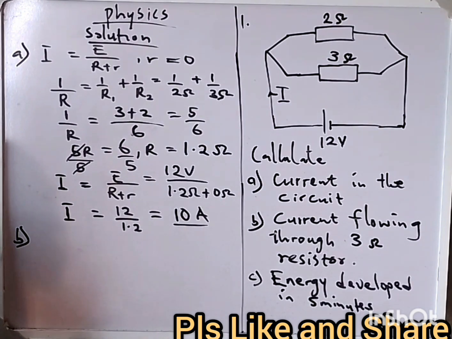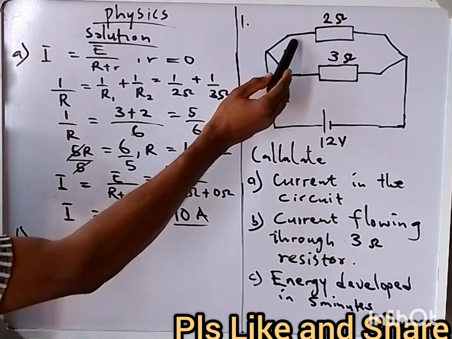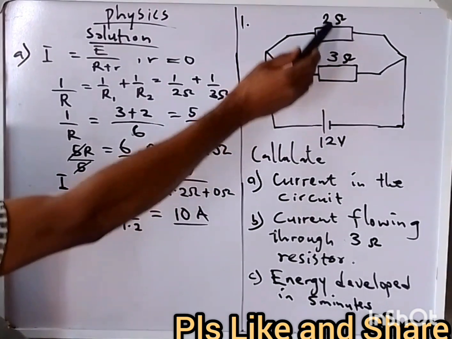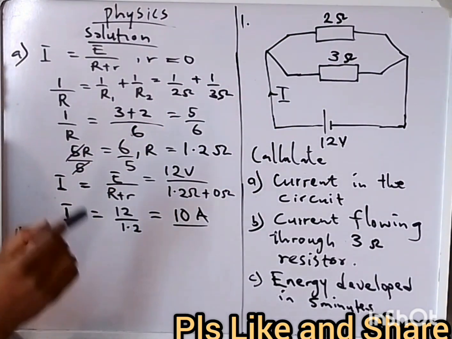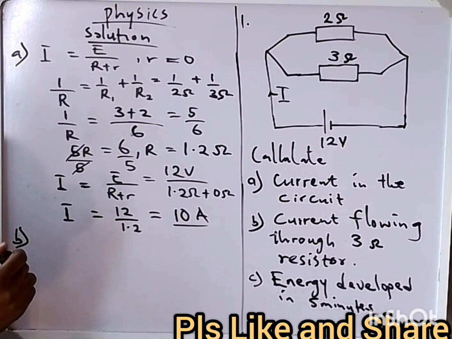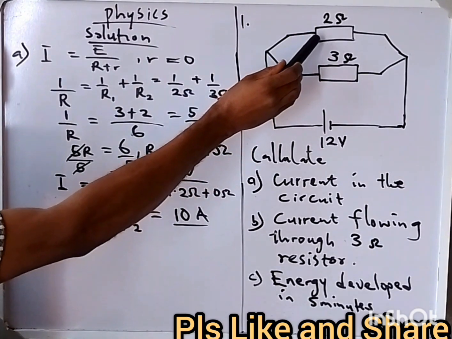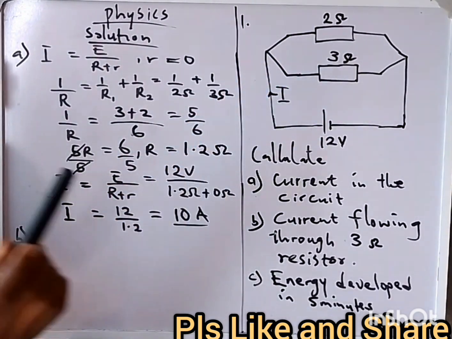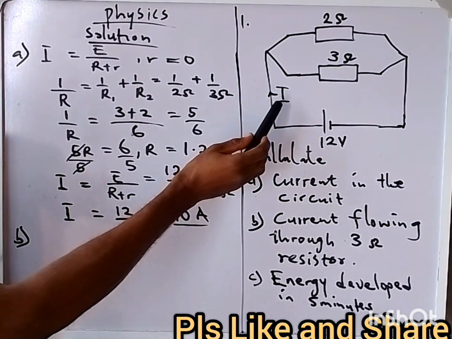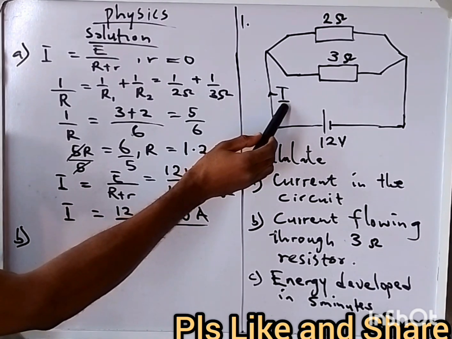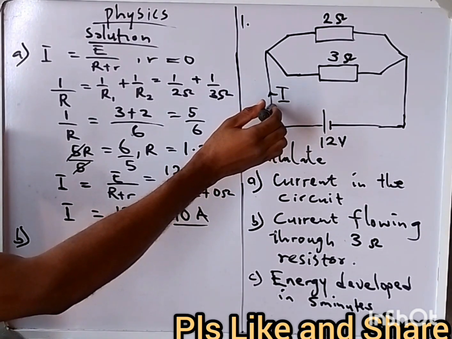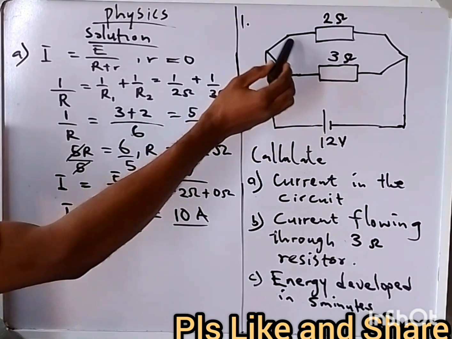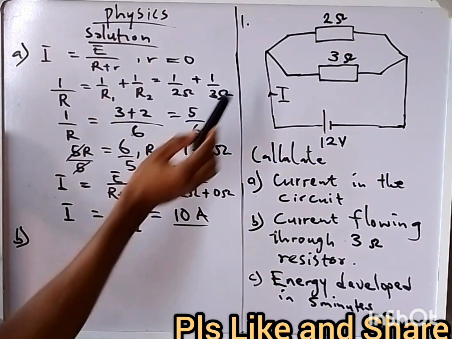But if they ask you to find a current that flows in any of these resistors, because these resistors are connected in parallel, the current that will go through 2 ohms and 3 ohms is not going to be the same. So you are not going to say that the current on this wire here is the same as the current that will go through 2 ohms and 3 ohms.